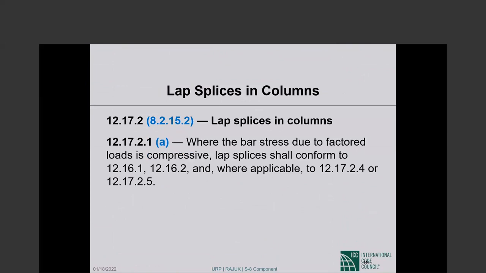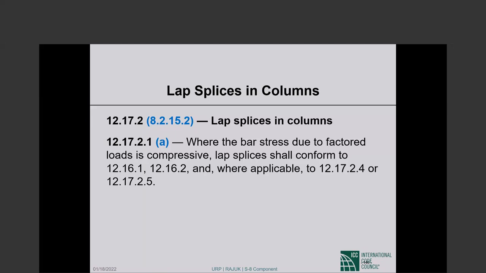I discovered last night, actually, our time, that in order to explain the last example, I probably should go into this section of the code, 12.17.2, which in BNBC is 8.2.15.2.